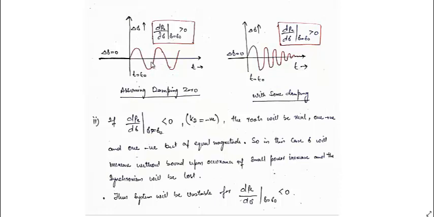For this particular ideal case, when damping is 0, it will remain in sustained oscillation. But in the practical case, because our power system will have some damping, it will go on to steady state by decreasing the amplitude of the oscillation.